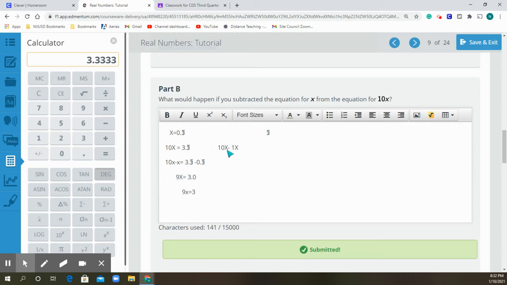Now they want us to subtract 1x. So 10x minus x equals the same as 3.3 bar minus 0.3 bar equals 9x, because 10 minus 1 is 9, equals 3. So 9x equals 3.